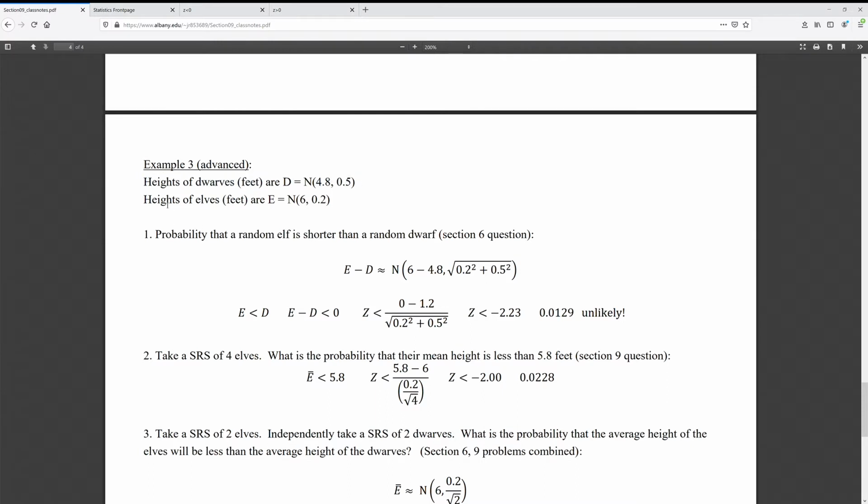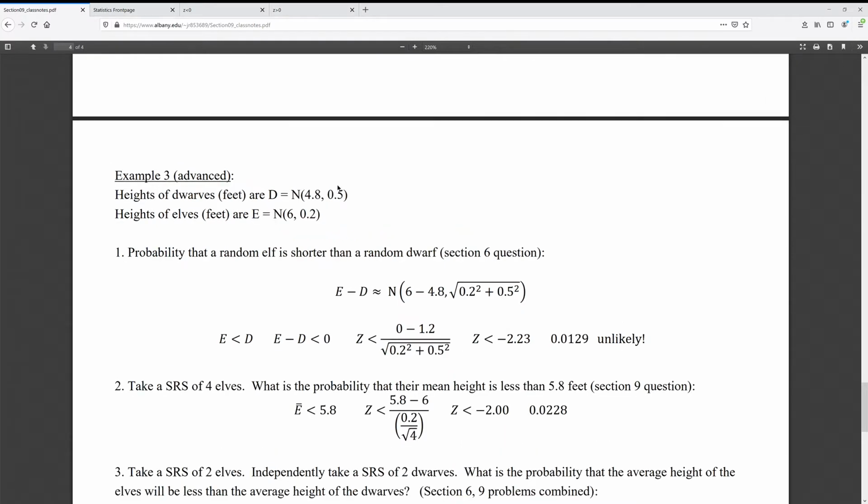The heights of elves are normally distributed, with mean 6 feet and standard deviation 0.2 feet. So first of all, notice that elves on average tend to be taller than dwarves, which is to be expected, but also their heights tend to vary less than dwarves' heights vary.